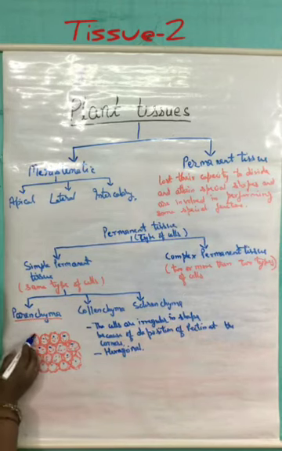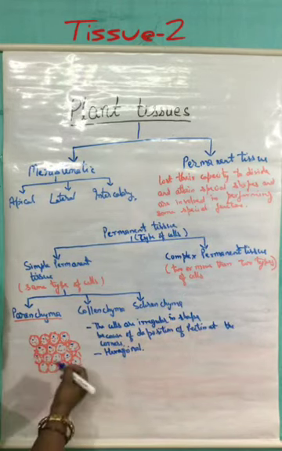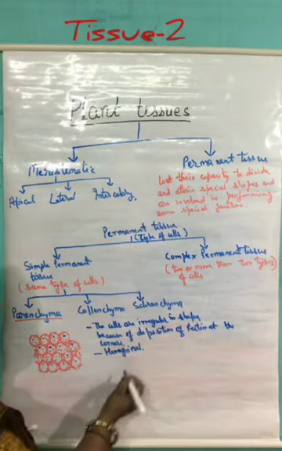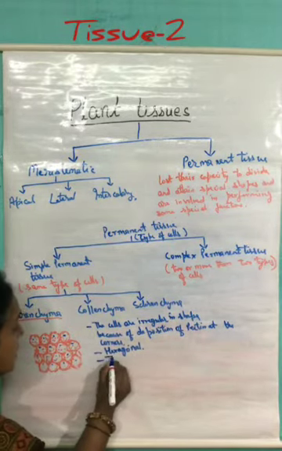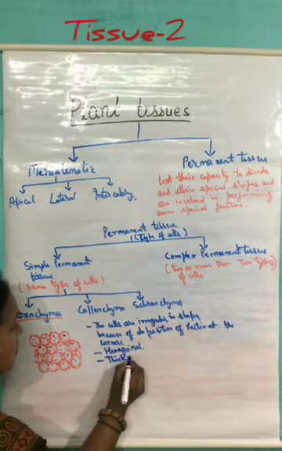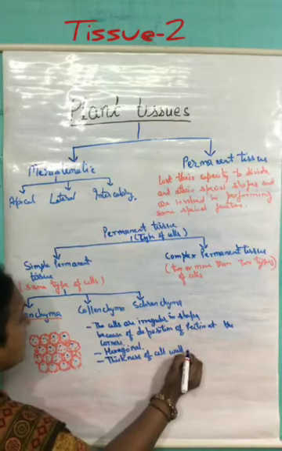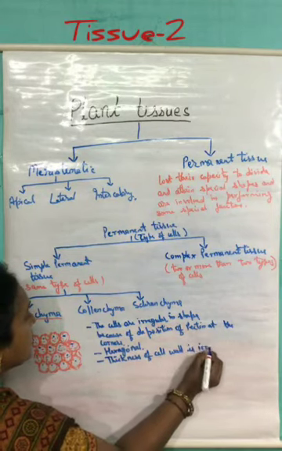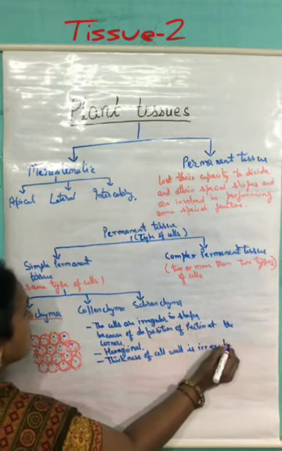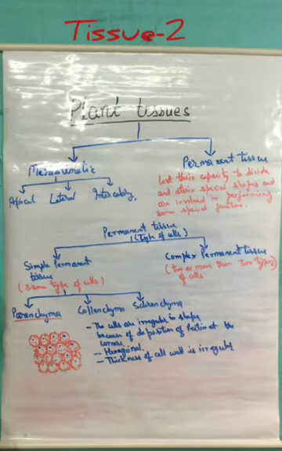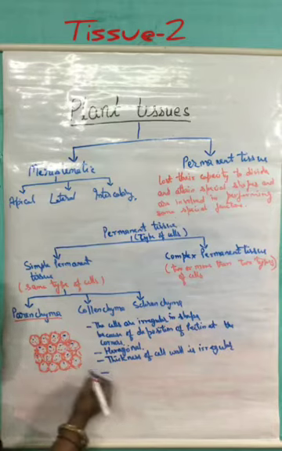What we have seen, the thickness of the cell wall is irregular. Because of the deposition of the pectin at the corners, what happened?